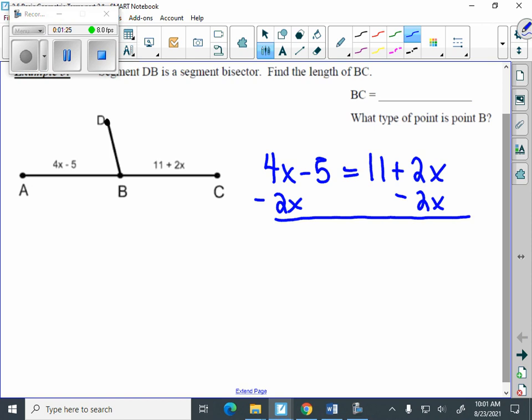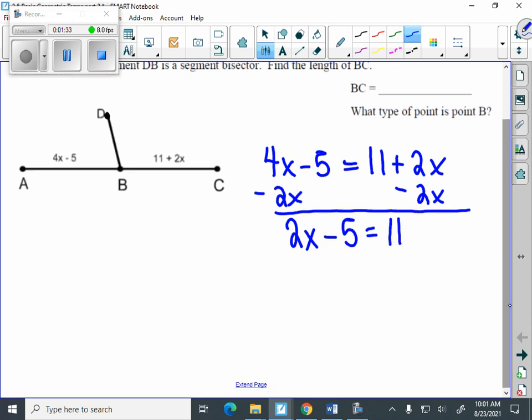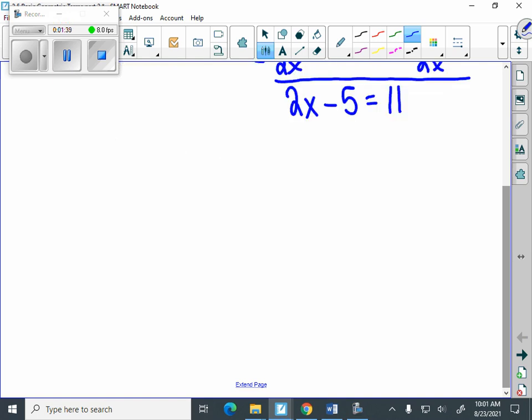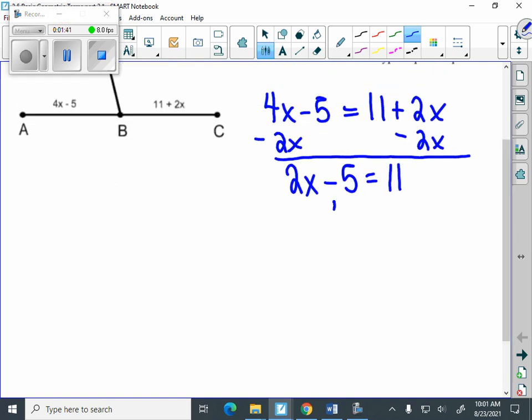When we subtract 2x from both sides, we get 2x minus 5 equals 11. Since we moved our variable over to the left, we're going to move the 5 to the right. We add 5 to both sides. We get 2x equals 16.